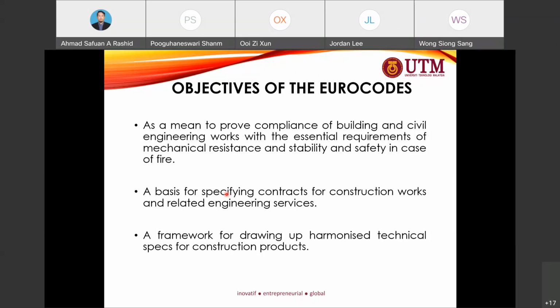If the factor of safety is greater than 1, it complies with EC7. We will discuss later how to calculate the factor of safety using EC7.